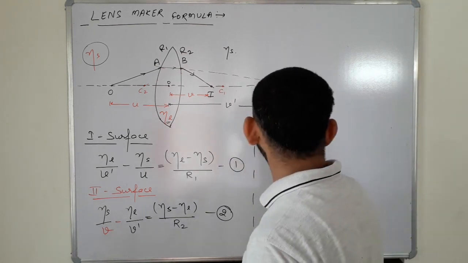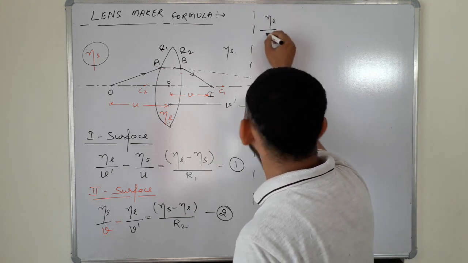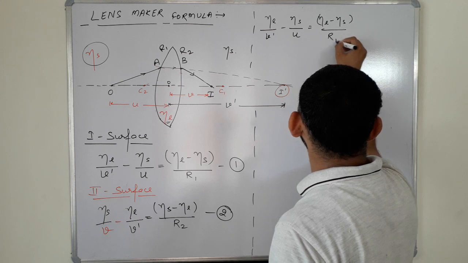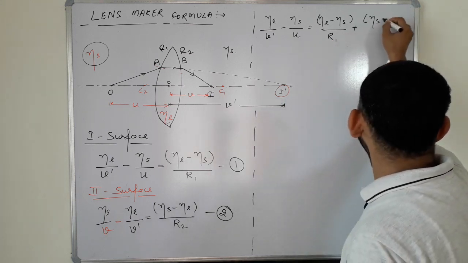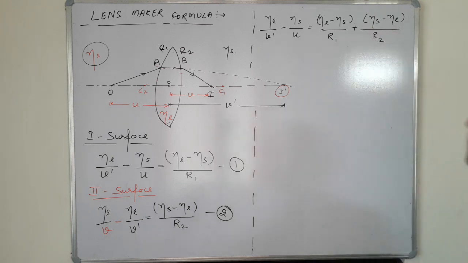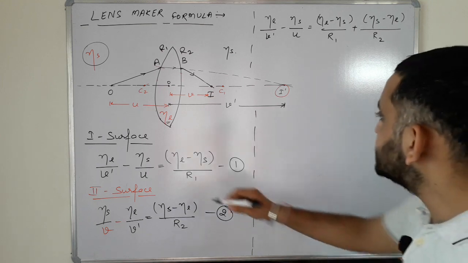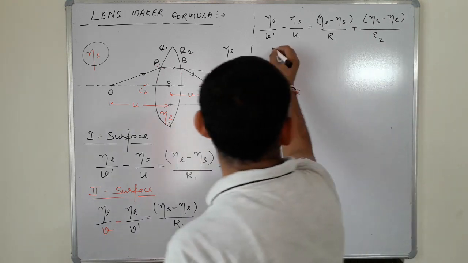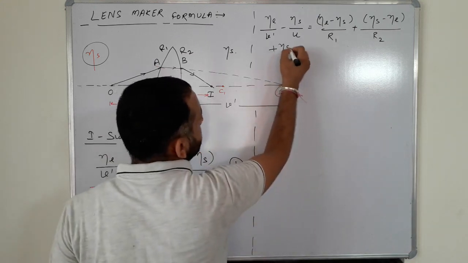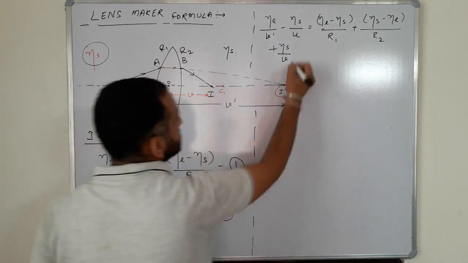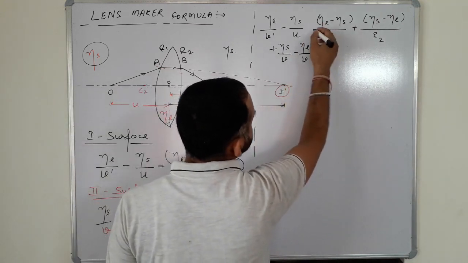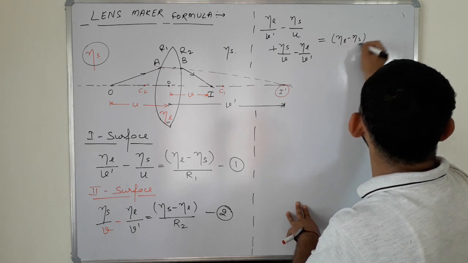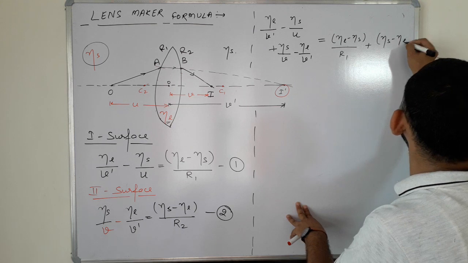We'll get neta L by V dash minus neta S by U, plus neta S by V minus neta L by V dash, is equal to neta L minus neta S by R1 plus neta S minus neta L by R2.